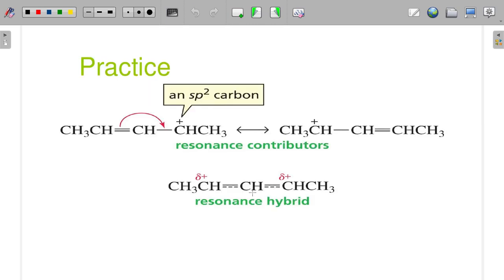So we do see that the double bonds do stabilize our carbocations. That resonance contributors or resonance structures will actually balance it out. So neither one of these carbons are ever truly positive. Both of them are simultaneously slightly positive.